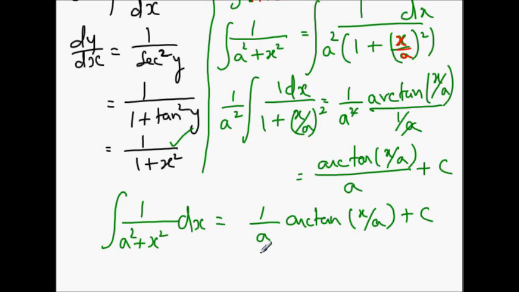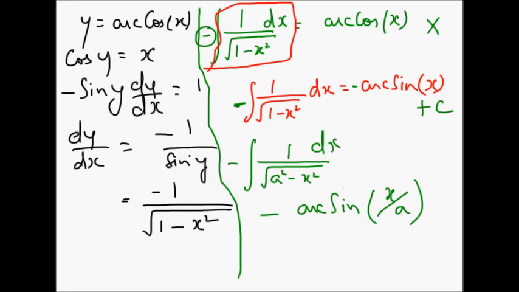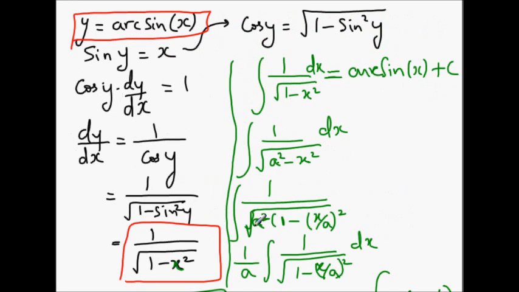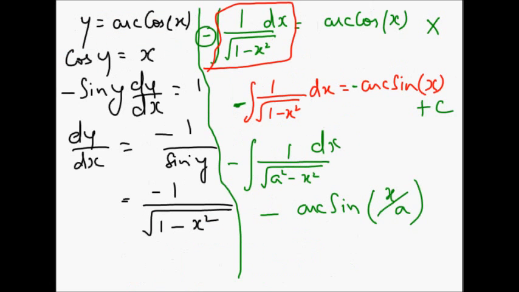Here you should understand that you have this special thing 1 over a for a square plus x square. The ones that we did before was 1 over a square minus x square within the square root. Okay, be careful about the actual notation there.